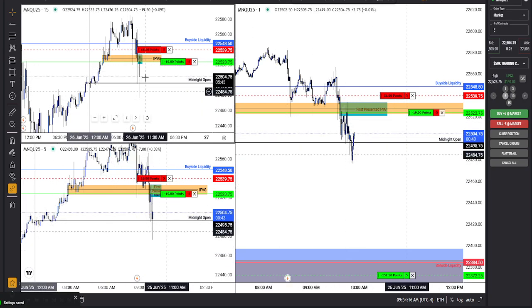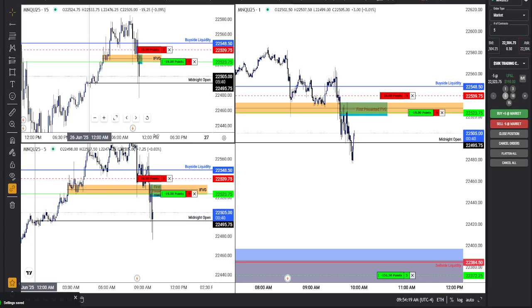I just wanted to see it go straight through it. Gotta allow price action to do what it do, and that's really it.